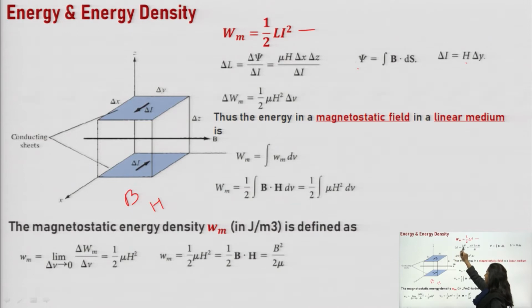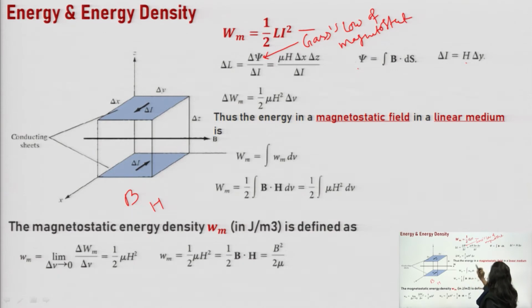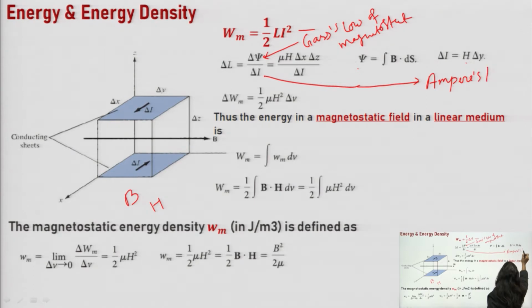Mathematically, we can write it as del phi by del I. Now, we can find this phi using Gauss's law of magnetostatics, and this current can be found with the help of Ampere's law.